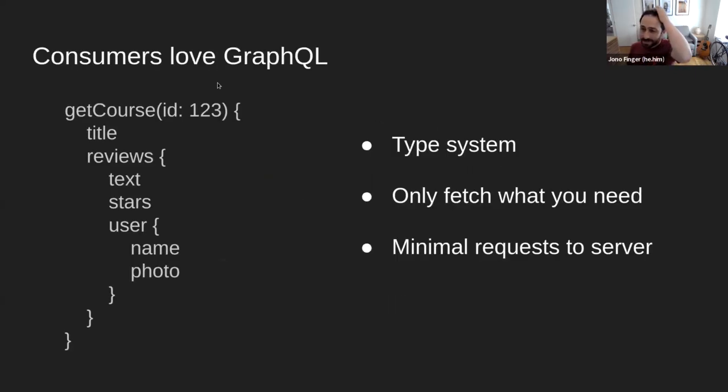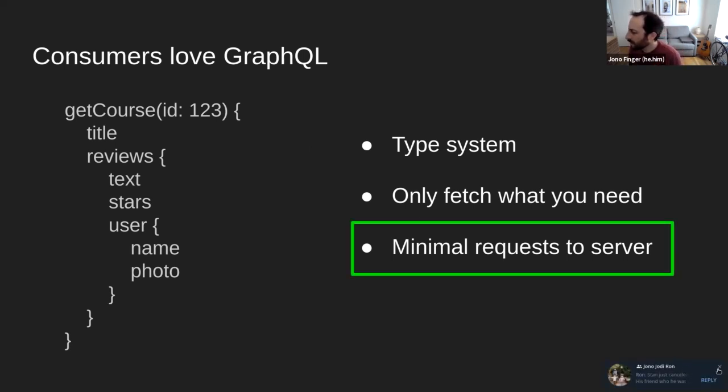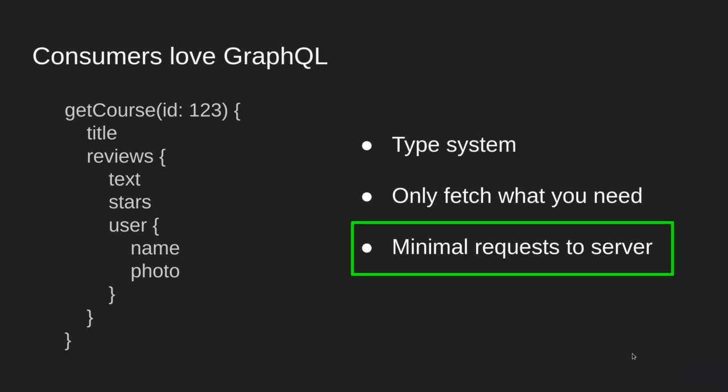So I'm going to assume most of you know a bit about GraphQL and about gRPC, because I'm going to be talking about those things, and less so about gRPC. But GraphQL is awesome. When I say consumers love GraphQL, I'm talking about people who consume GraphQL. In our case, that's React for the most part. It's very nice because you can construct a query that gives you back exactly what you need.